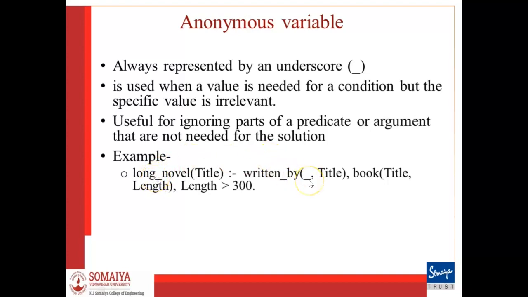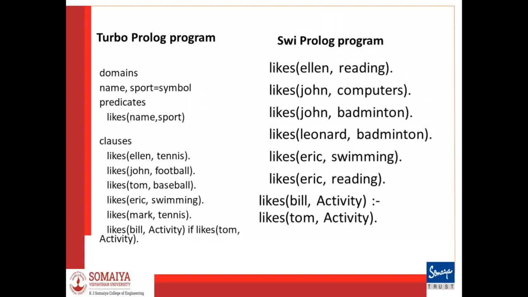So irrespective of the author name, whenever that title has some length and that length can be checked as more than 300 pages, then that title would be termed as long novel. So over here, the value of the author name is irrelevant. No matter whoever is the author, the novel would be long or not depending on the page length, and that's why we use underscore, the anonymous variable, for author name.